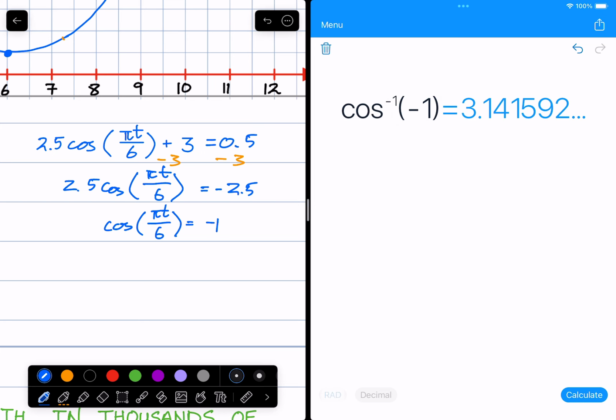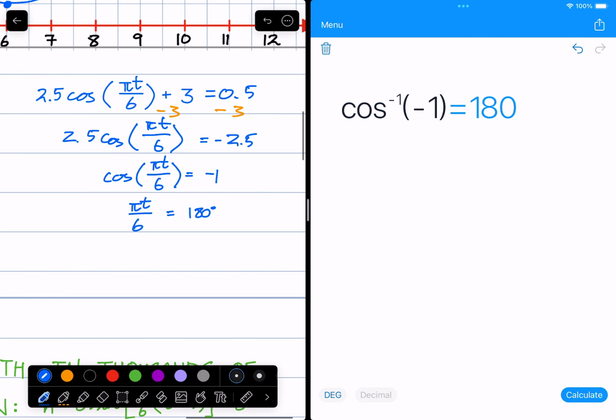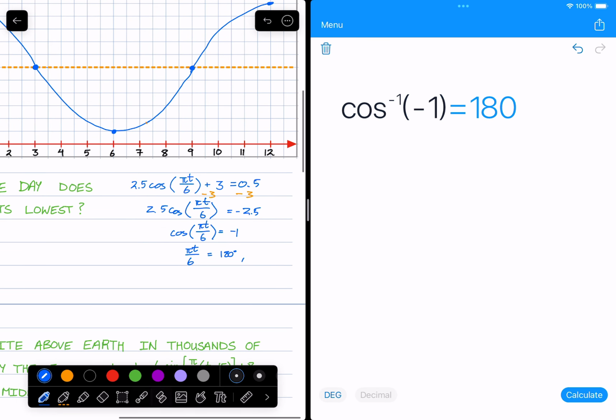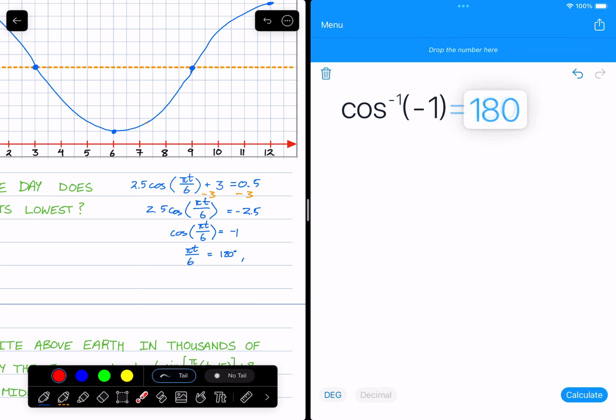This is in radians, but let's do this as a degree. So it's 180 degrees. So it's going to be pi t on 6 equals 180 degrees. But there's another value for that, because this is going to be 12 hours, and we want 24 hours from this.